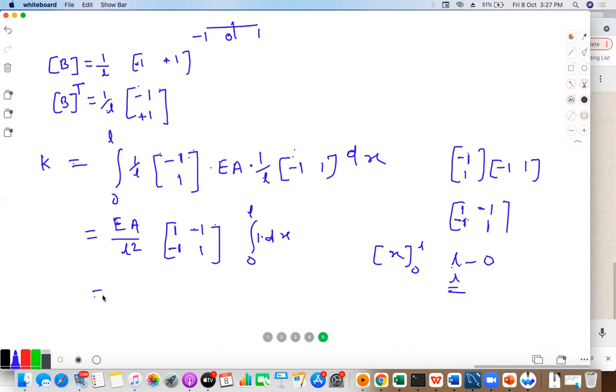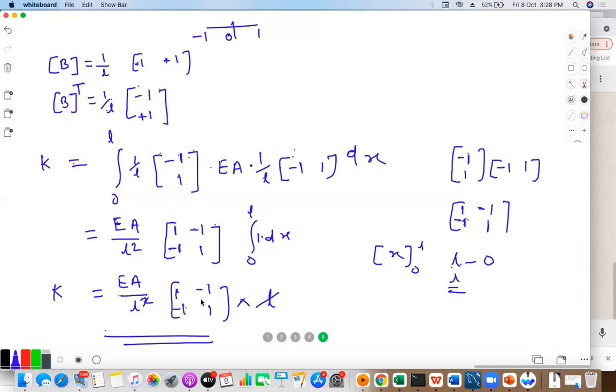So E into A upon L square into this matrix 1, -1, -1, 1 into this L. Okay, now L gets cancelled. So I have EA upon L into this matrix. Now this is your K matrix.